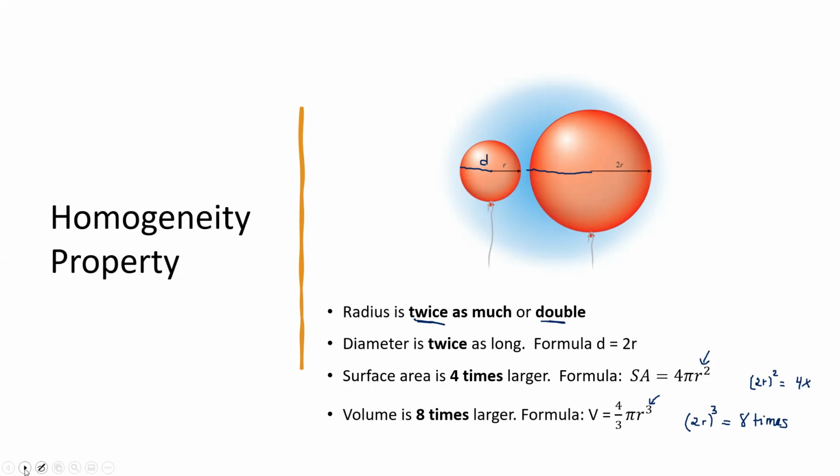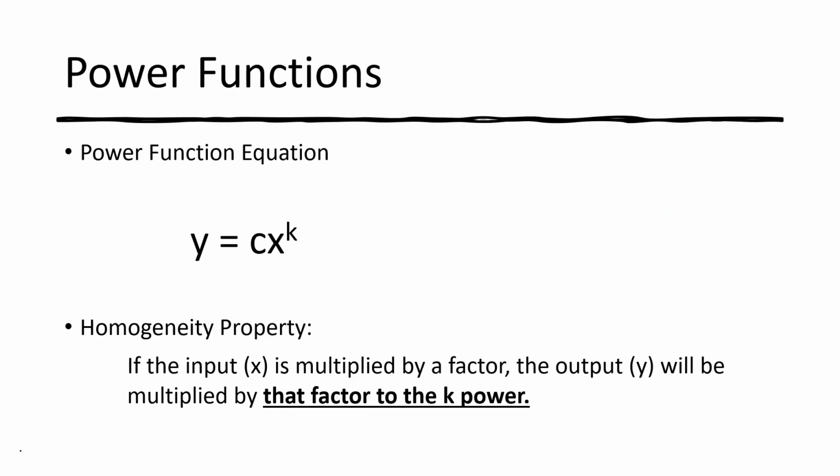So let's talk about the actual formula itself. This is the power function formula. And we want to talk about the different parts of this formula. So y over here is our output variable. And then, similarly, x is our input variable.